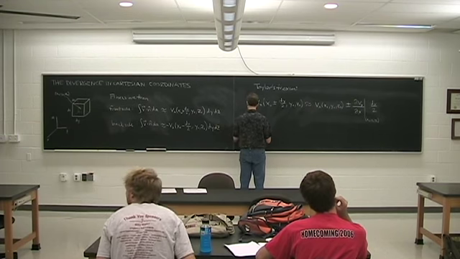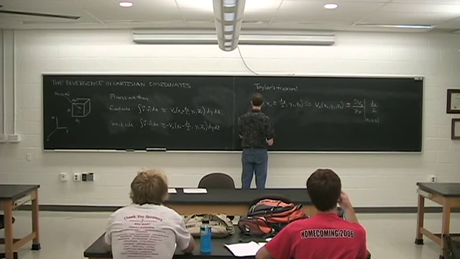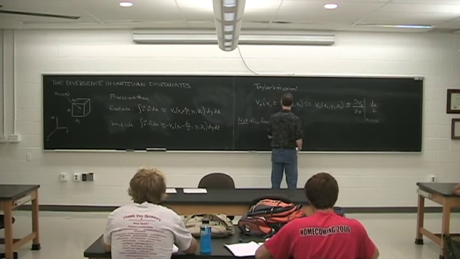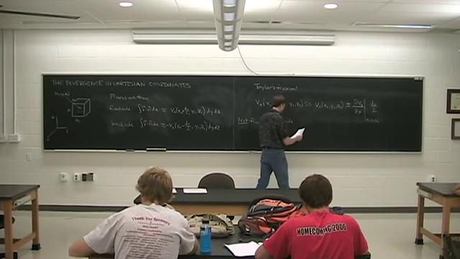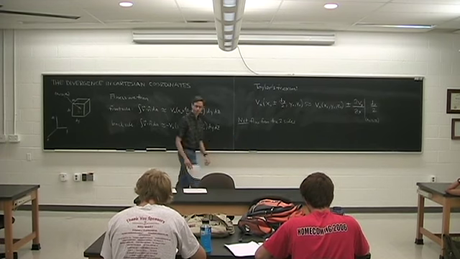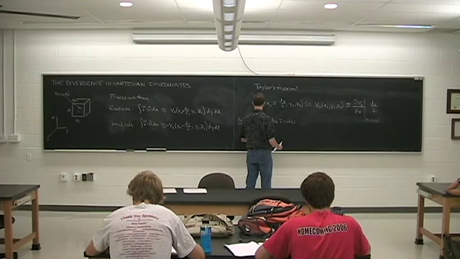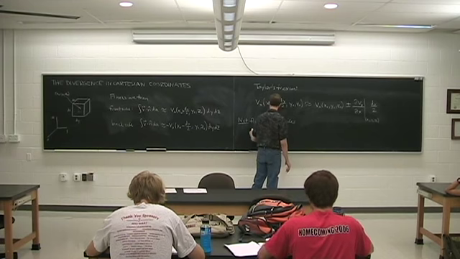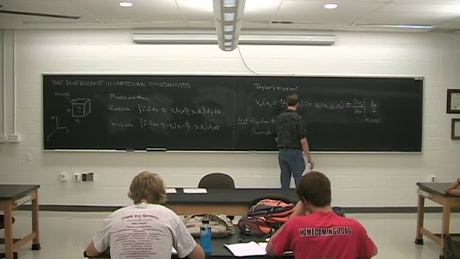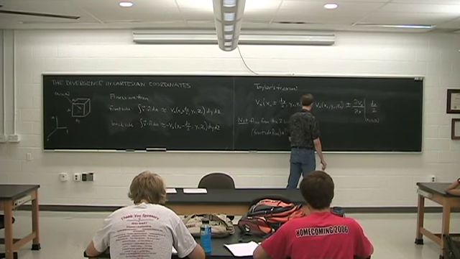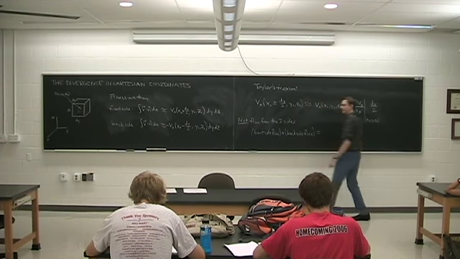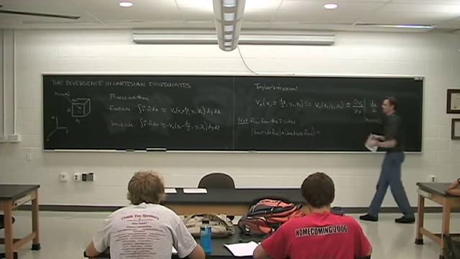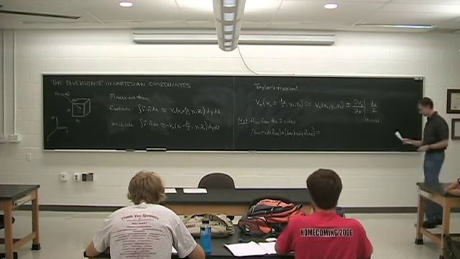So, if we want the net flux from the two sides, we've got to add it up. Front side flux plus backside flux. And so we add these two terms, one with the plus, one with the minus.